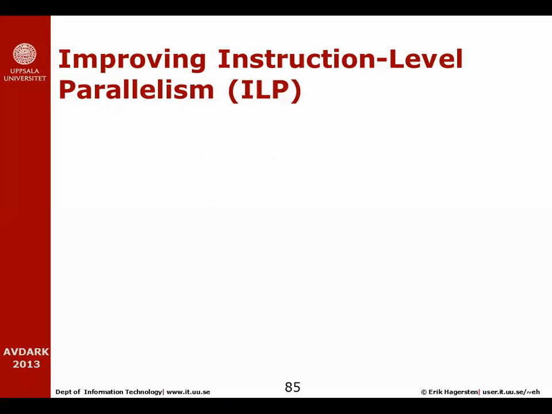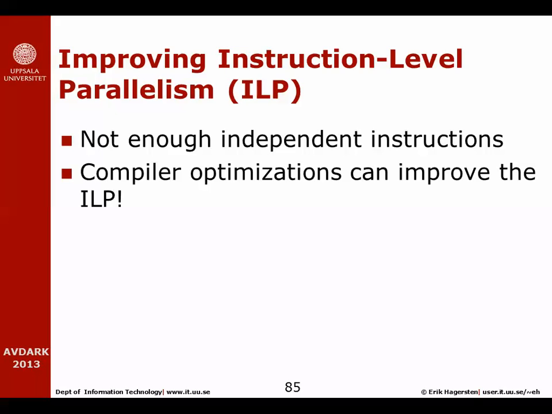So what we're doing with these kinds of compiler tricks is improving the instruction level parallelism. Instruction level parallelism is a very important concept in computer architecture because by reorganizing the instructions, we can find a longer sequence of instructions that are independent of each other. The reason we stalled in the pipeline was we didn't have enough independent instructions.